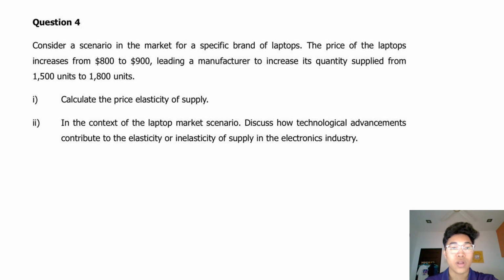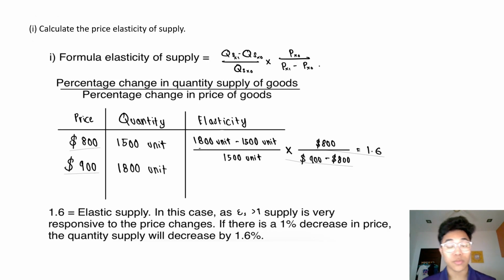So, let's answer all these questions. Before we calculate these, we must know the formula of elasticity of supply. The formula is percentage change in quantity supply of goods divided by percentage change in price of goods.